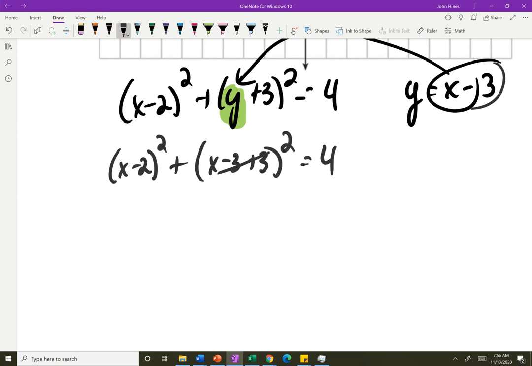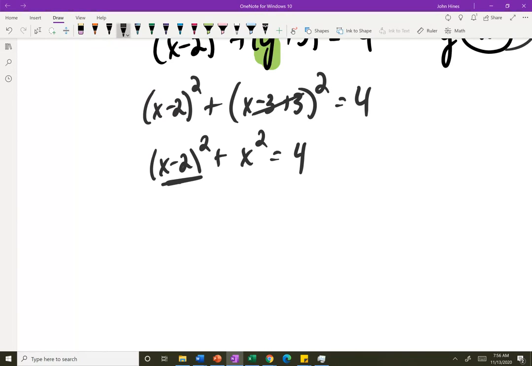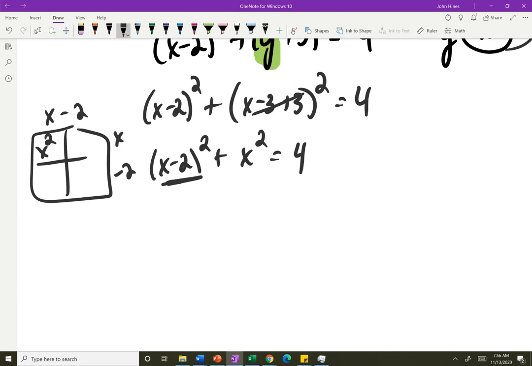Because look what happens here. Those 3's cancel out or add to 0, and I'm left with this. So all I need to do right now is make a box for x minus 2 and x minus 2. So x squared minus 4. Sometimes you have to make 2 boxes, and that's okay. So I get x squared minus 4x plus 4 plus x squared equals 4.